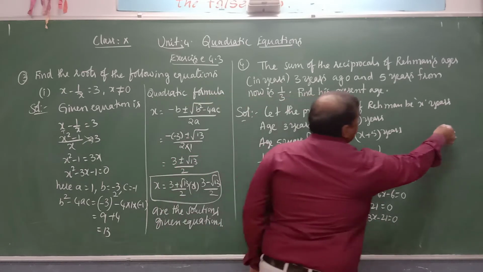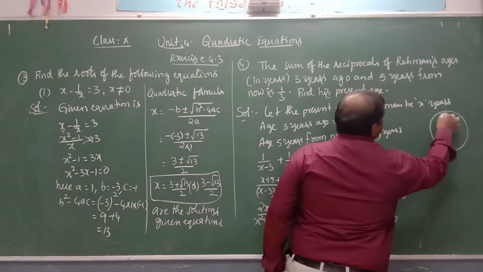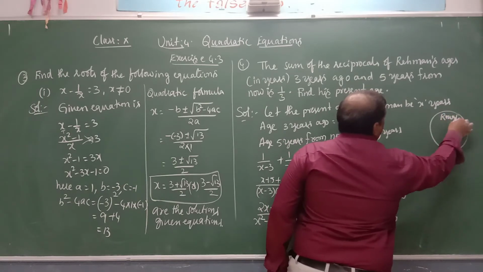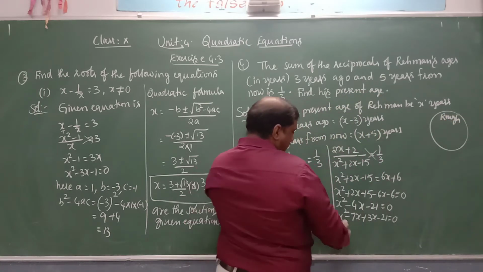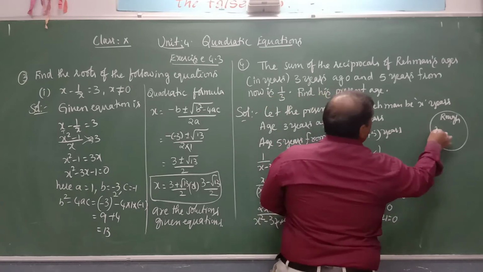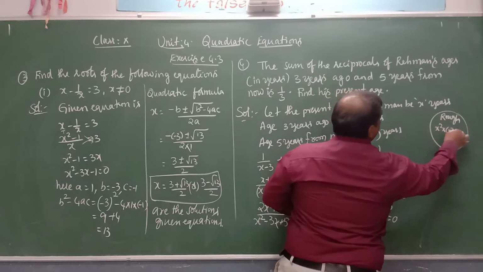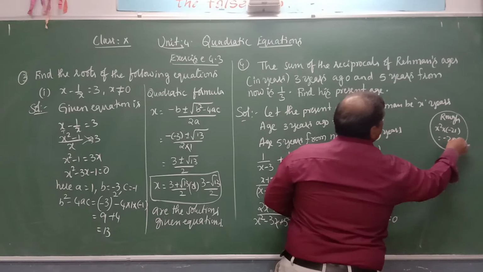If you want, we can write this rough work here. This is the rough work of factorization. Factors of x square into minus 21, that is minus 21 x square.